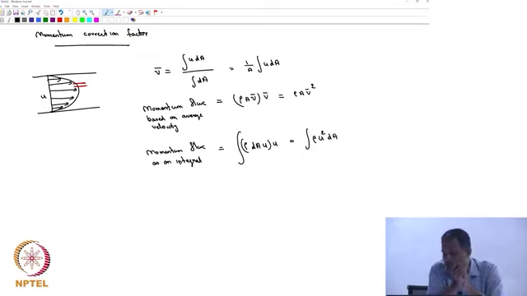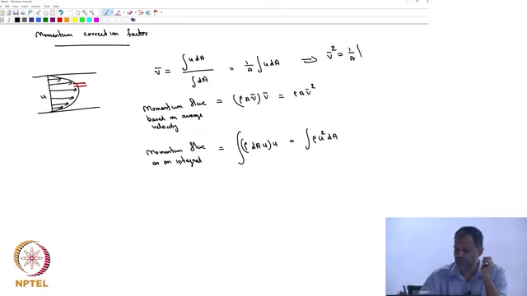That's because we have defined v bar as an integral of u dA, so v bar square should really be the square of 1 by A times the integral of u dA, and that won't be equal to 1 by A times the integral of u square dA, right?